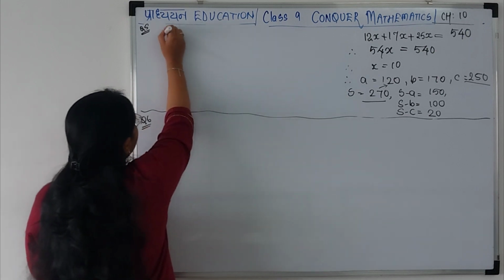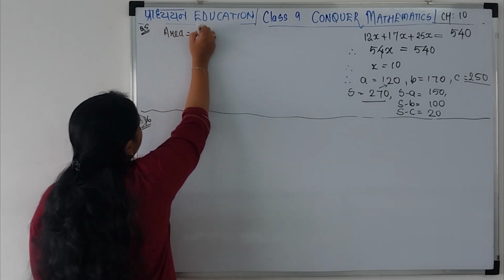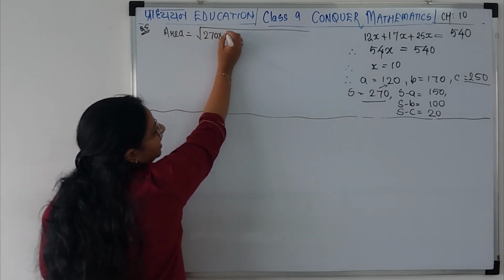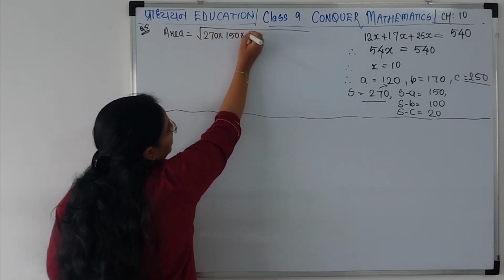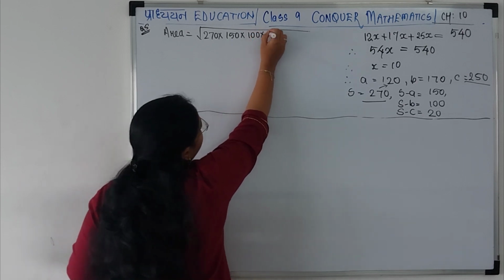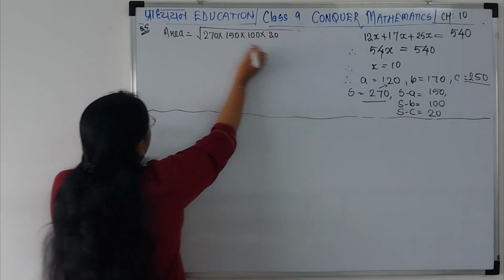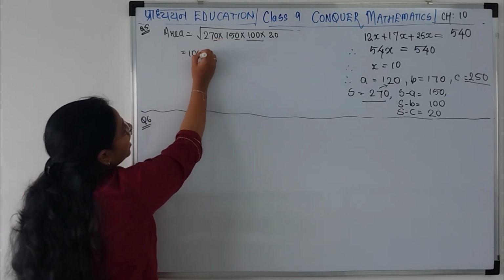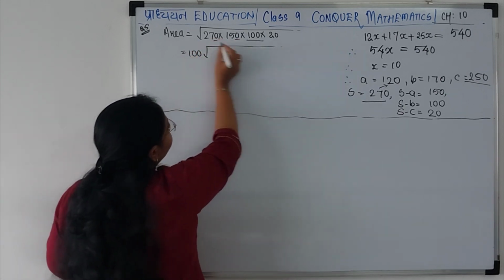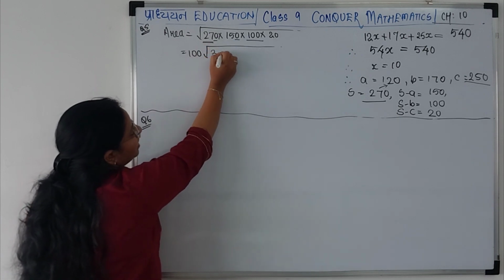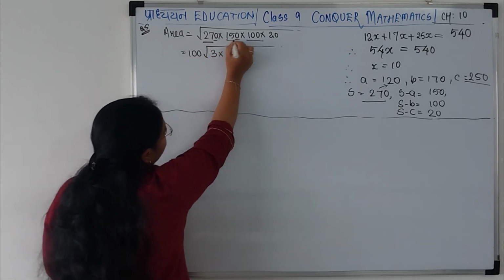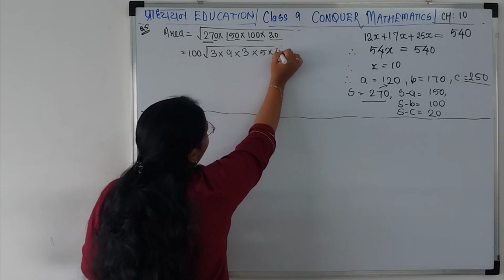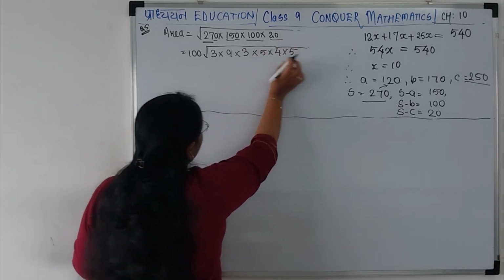So now area will be equal to root of S is 270, S minus A is 150, S minus B is 100, S minus C is 20. Here take this 100 outside as 10 and these two zeros as one more 10, correct? Now you are left with 27, so you can write 27 as 3 into 9. You can write 15 as 3 into 5 and 20 as 4 into 5. Clear?